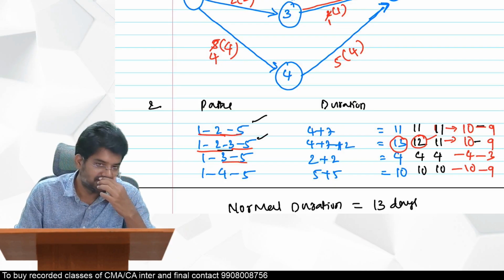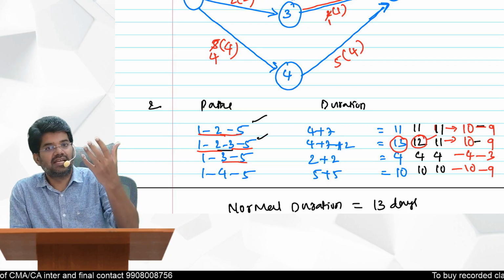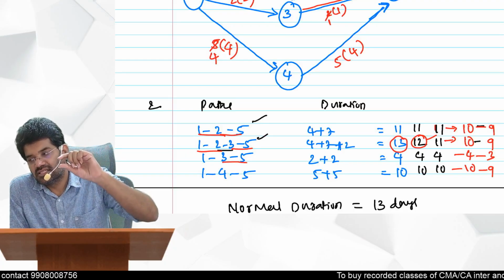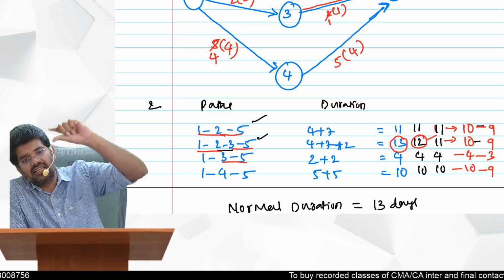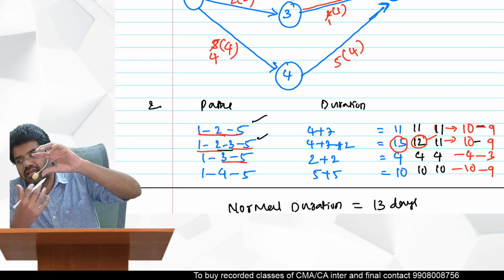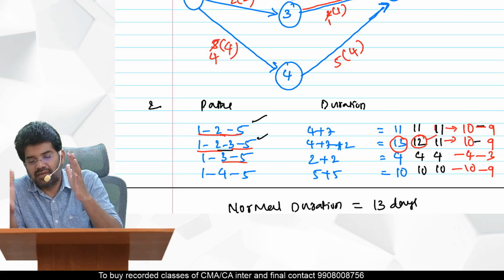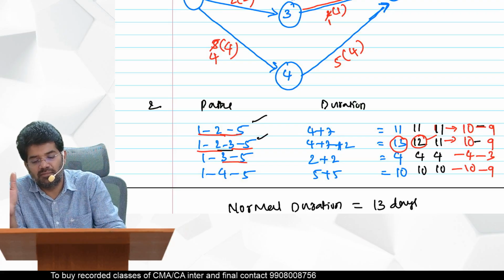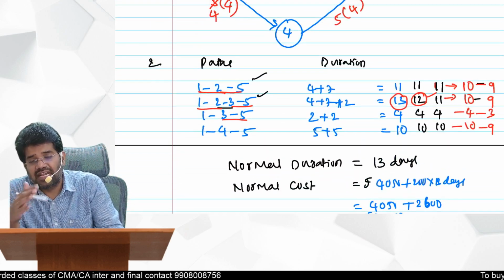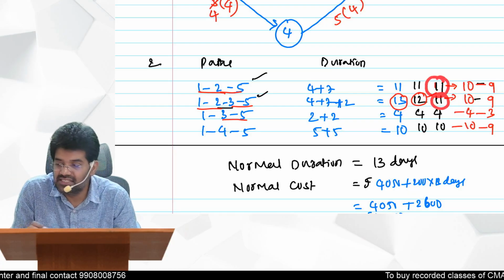Whenever you have a single critical path, you directly compare the cost slopes, take the least cost slope activity, compare with savings, and crash it to the maximum possible crash time. So 7 minus 5, 2 days maximum for 2 to 3, which we have done. After crashing that, two paths now have the same project duration.